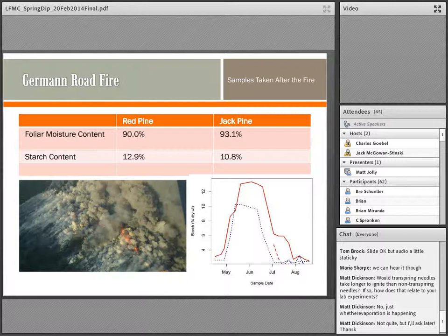So in an area with an intense wildfire, we see that they were indeed at the sort of trough of this dip period and at a peak in starch content. And unfortunately, we could only take this sort of snapshot in time there, but it really follows along with what we saw in other places.